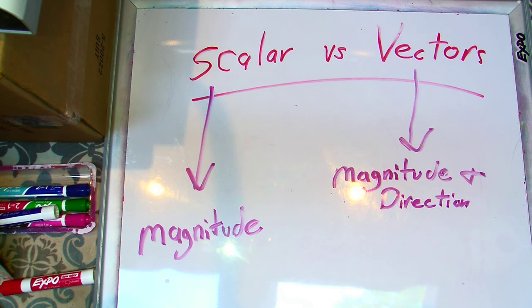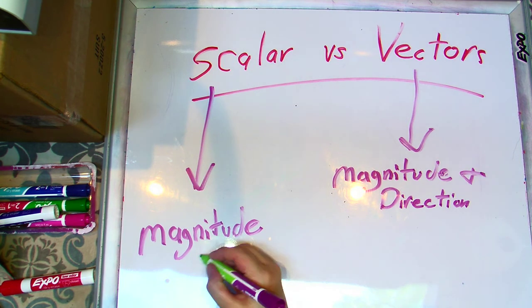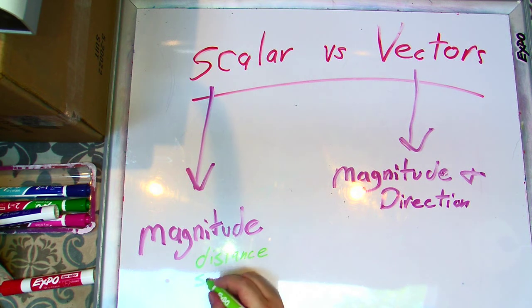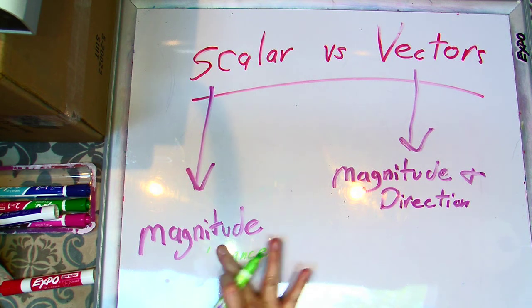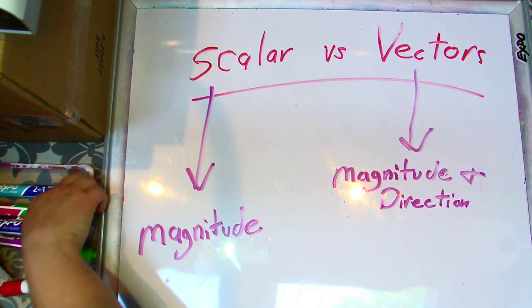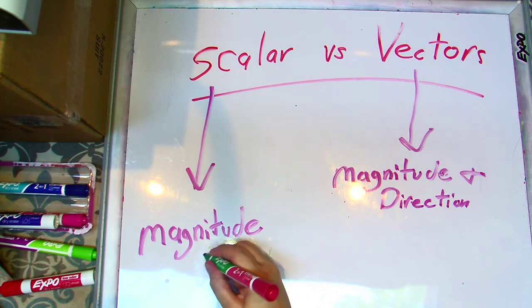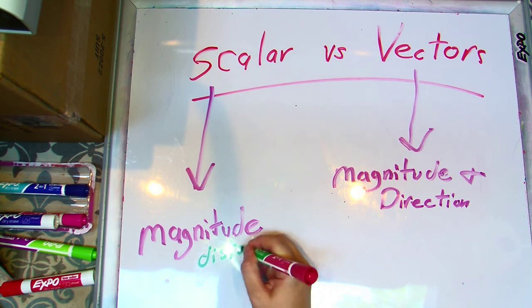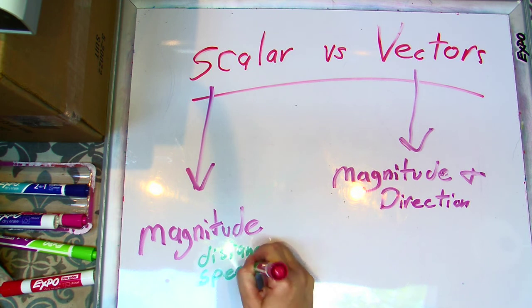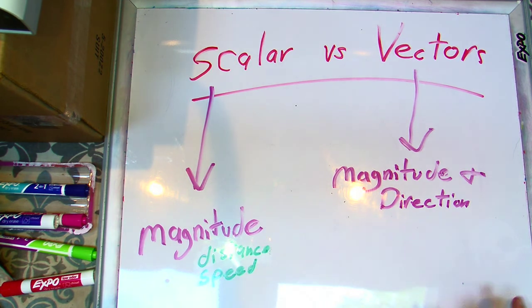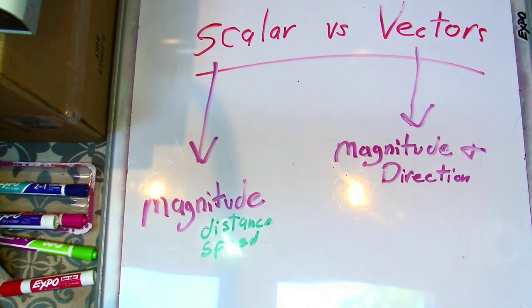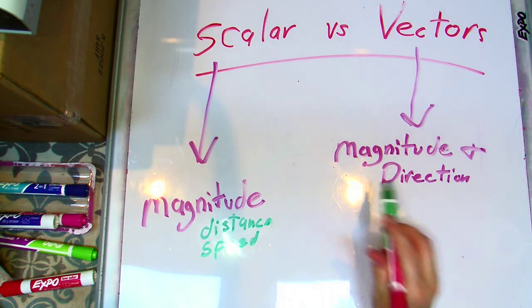So some examples of each would be: distance is a scalar quantity because we only talk about the amount. Speed is scalar because, again, it only talks about the amount. On the other hand, anything that is magnitude with direction would be a vector.